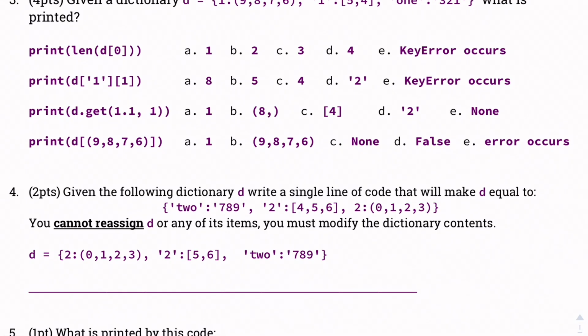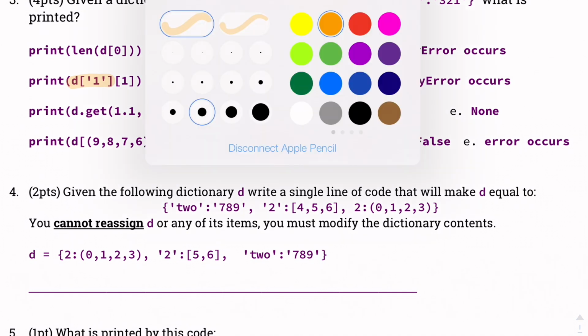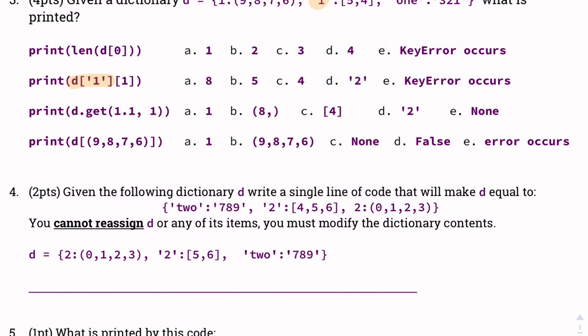Next up, we've got print D at key 1 at index 1. In order to dissect this, we're going to first do the thing on the left, D at key 1. So what is that? Well, look at this. We've got that key, so the corresponding value is this list, 5, 4.